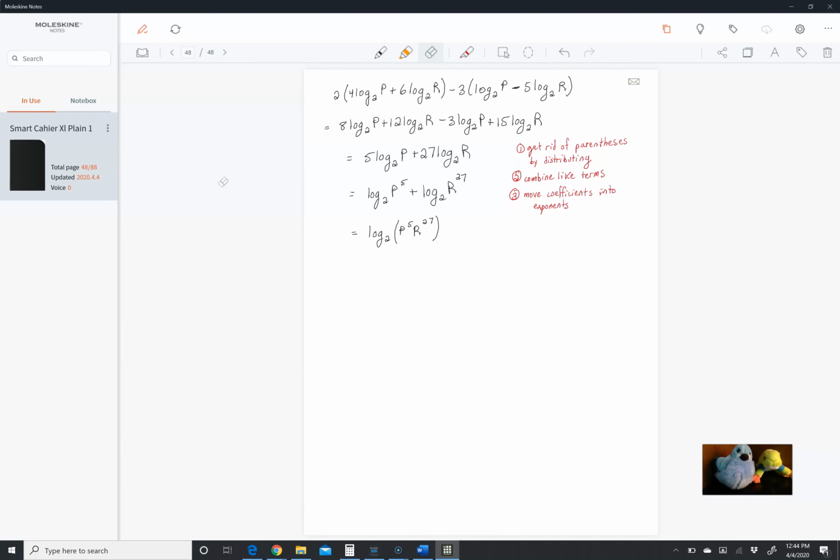And our very last step is to condense. Positive log means it goes into a numerator. And if we have a negative log, that means that we go into the denominator.